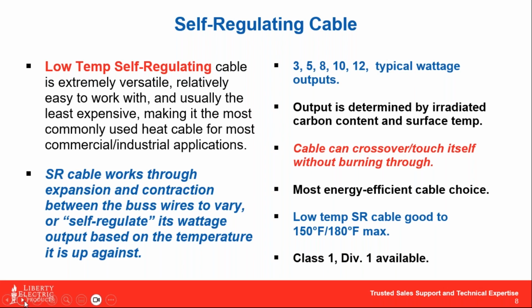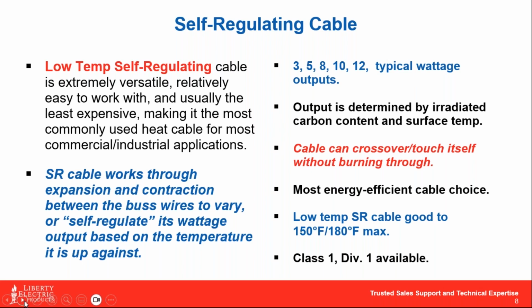How this cable works is through expansion and contraction based off the temperature of whatever it is up against. All heat cable manufacturers are consistent in how they rate their cables.